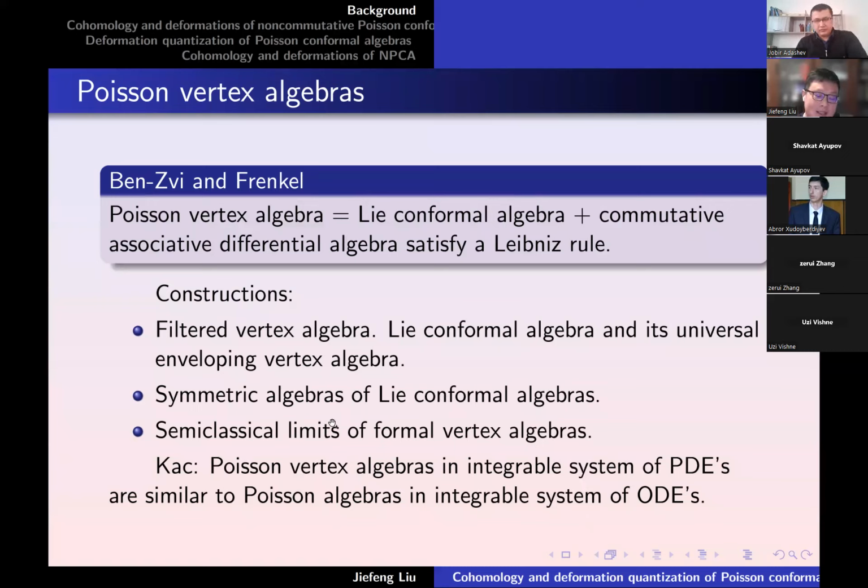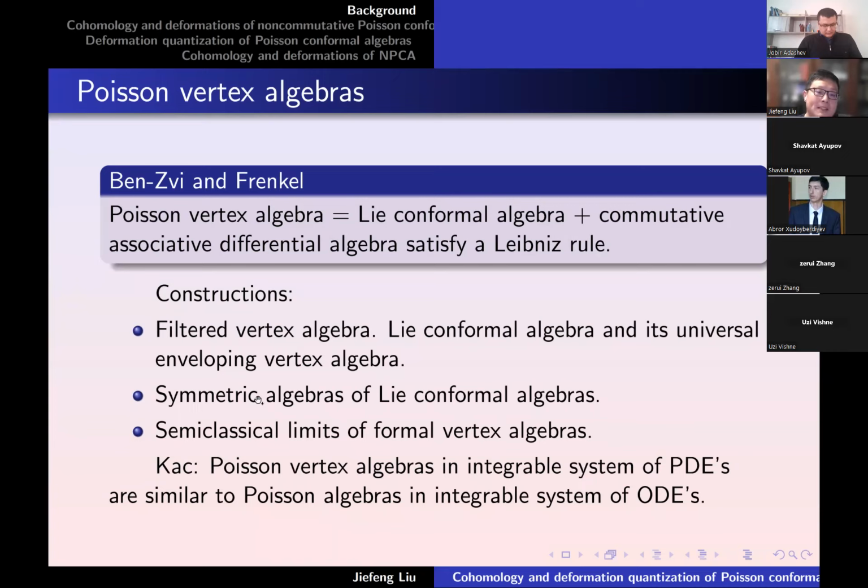The third can be given from the formal vertex algebras, which are very similar to the classical Poisson algebras. A slogan promoted by Kac is that Poisson vertex algebras in integrable systems in terms of PDE are similar to Poisson algebras in integrable systems in terms of ODE.